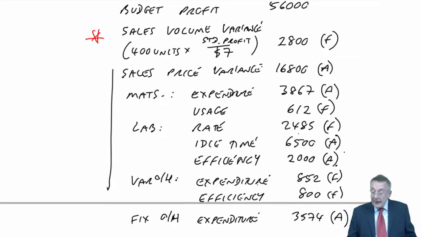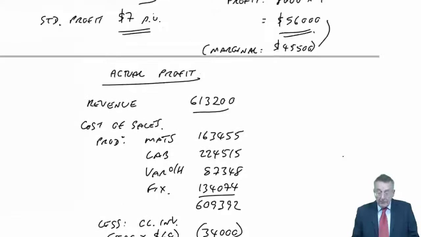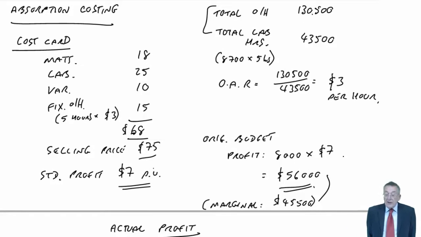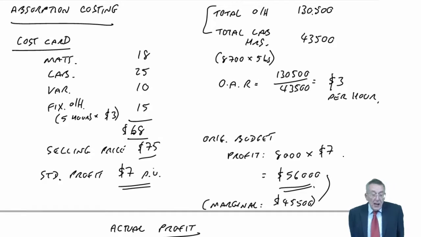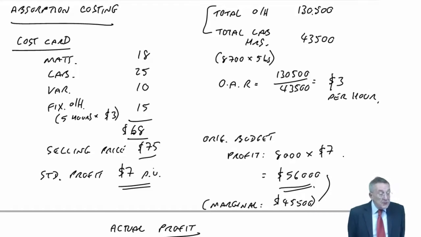But in fact, if you think about it, there's a little problem. And the little problem is that the $7 a unit assumed fixed overheads were $15 a unit. And fixed overheads are only $15 a unit if we produce the budgeted quantity.